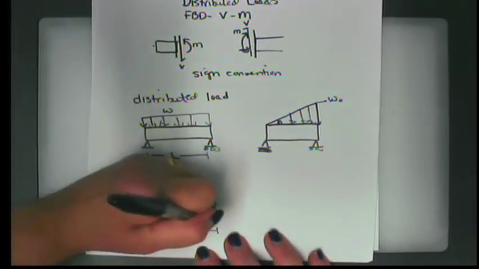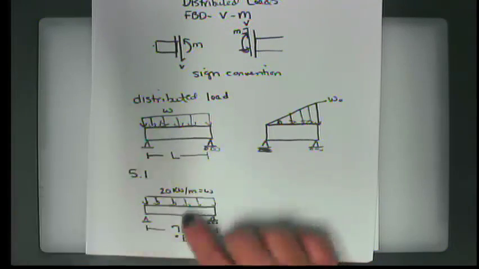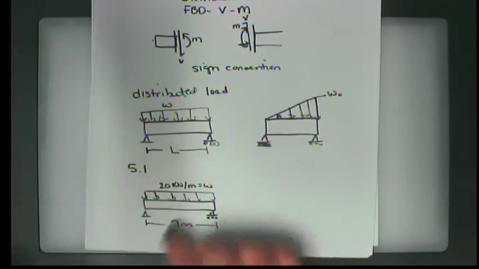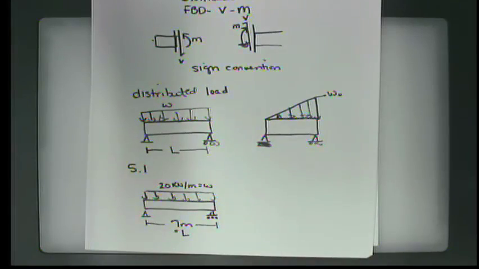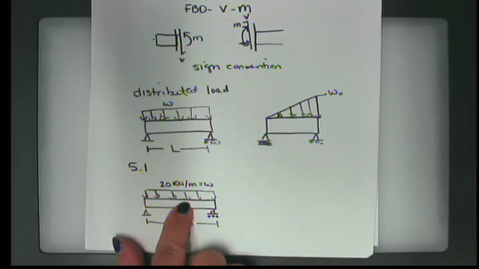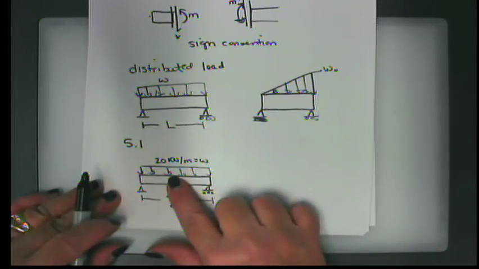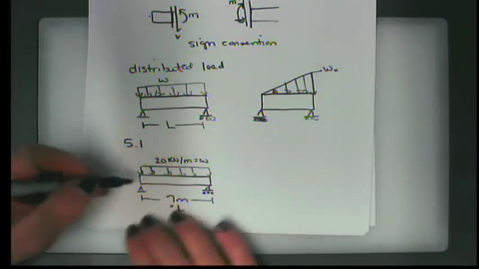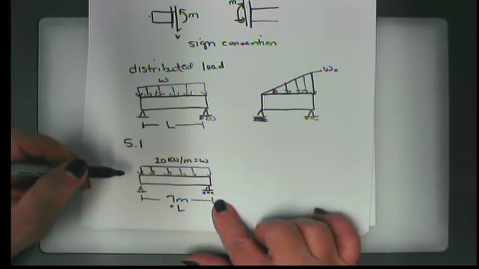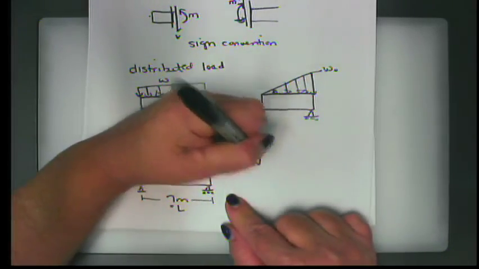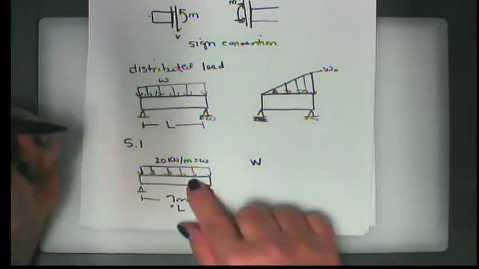Right? Well, the first thing that we need to do when we start to work with this is to realize that this type of a load is going to build reaction, and it's also going to build moment in a different way. So when we start talking about V, the first thing that we have to do is a free body diagram. So we need to determine what the overall load is.